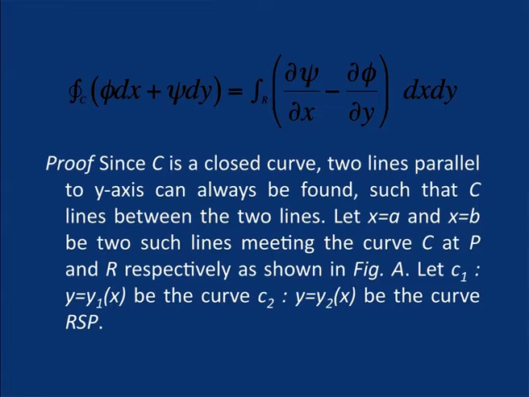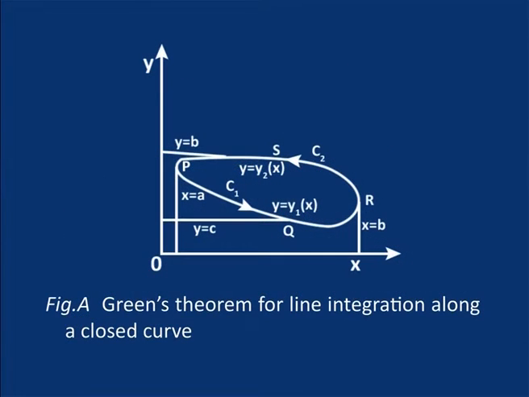Let C1, y equal to y1(x), be one curve and C2, y equal to y2(x), be the other curve. Figure A shows Green's theorem for the integration along a closed curve.